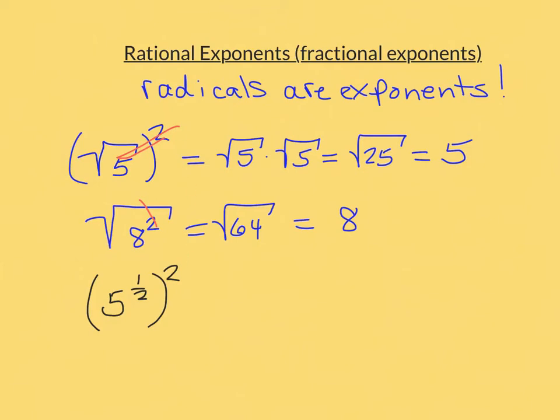We know that the power on power rule says that I would multiply those powers together. So this is 5 raised to 2 times 1/2, which is 2 over 2, or just 1. And typically we just drop an exponent of 1.